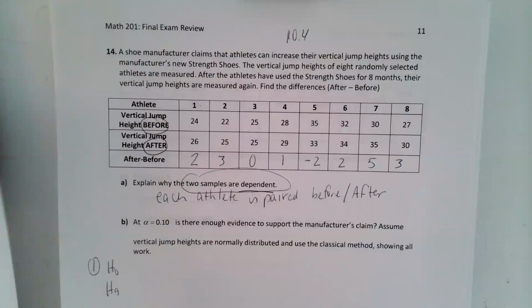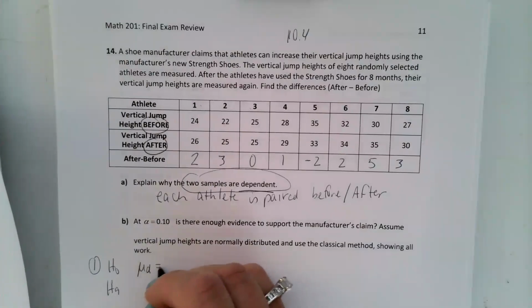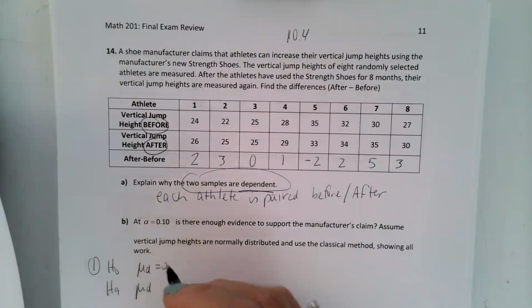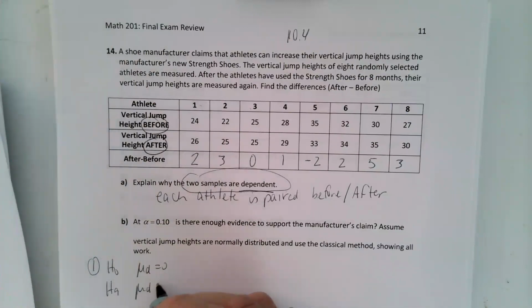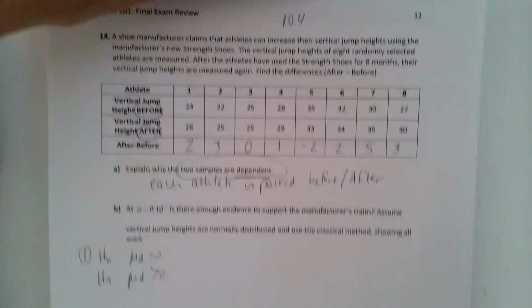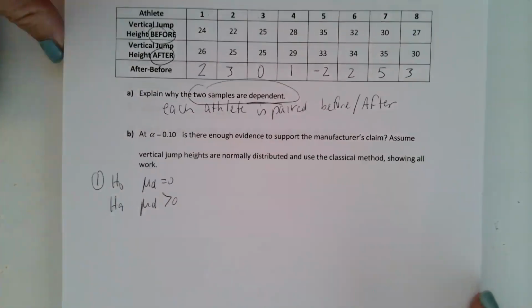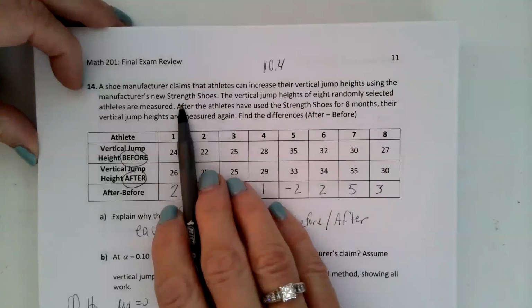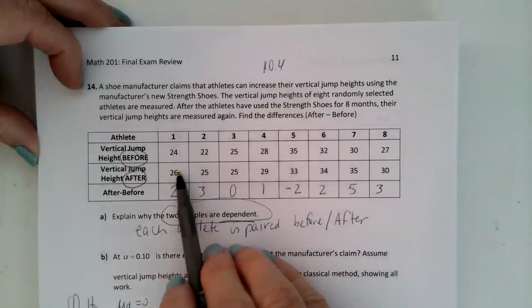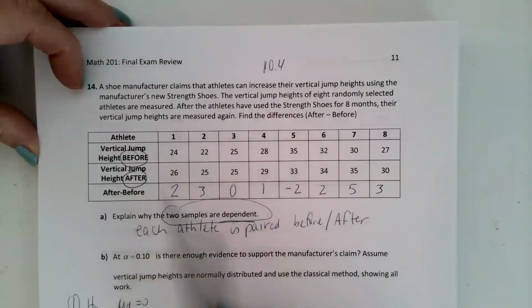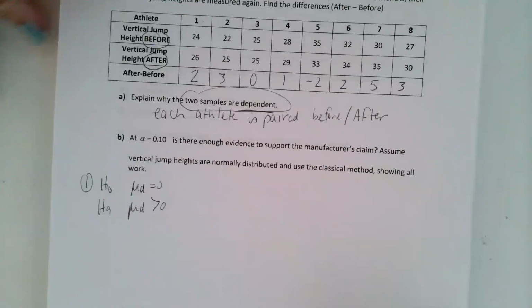So we're writing the mean difference is equal to 0, and they want to see if the mean difference is greater than 0, because it said that there's going to increase their vertical jump. So if we do after minus before, it should be positive. It should be greater.